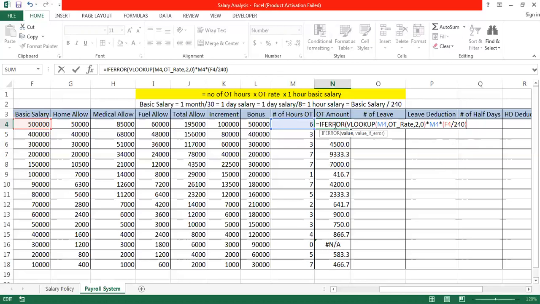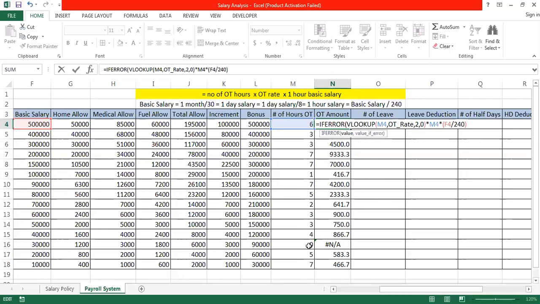If values are available, it is going to be calculated. And for value, we have the whole formula which we have applied to calculate overtime. And if there is an error, for example, we found a zero over here and zero is not defined in the table, so it is an error. So value if error: what value do we want to print over here if we found an error?